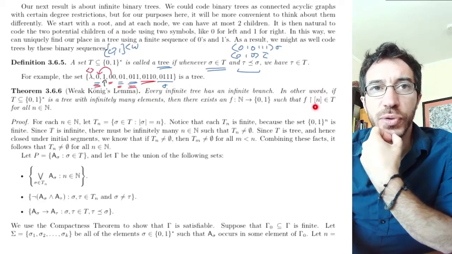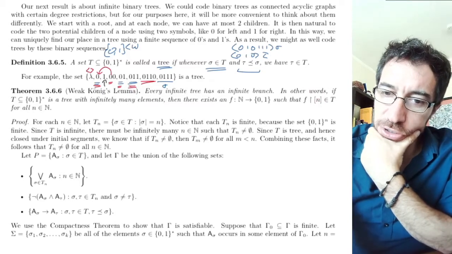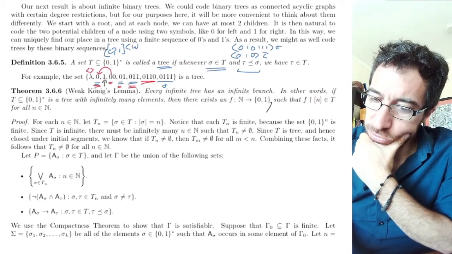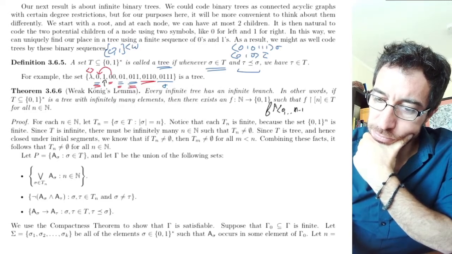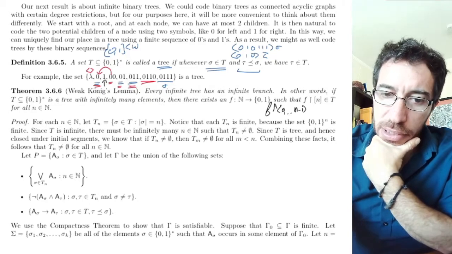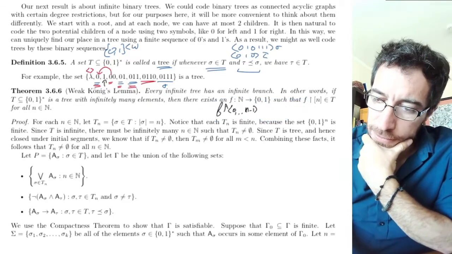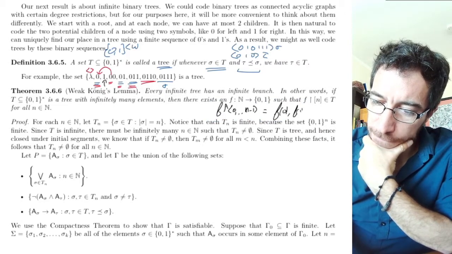F restricted to, we saw this in the last video, this means F restricted to 0 up to n minus 1, which essentially means the tuple f0, f1, all the way up to f(n minus 1).